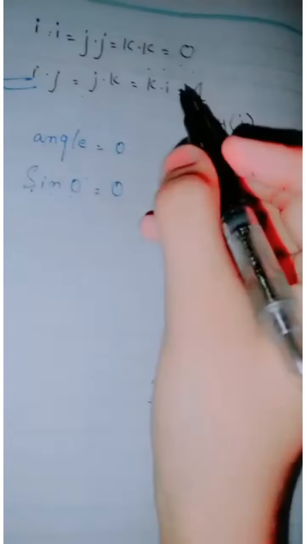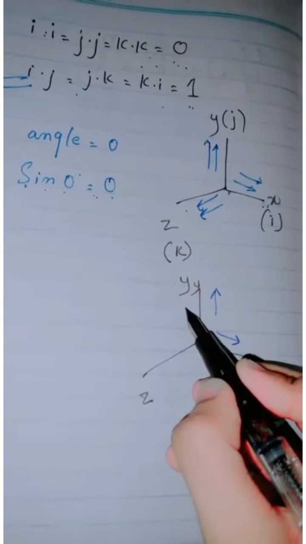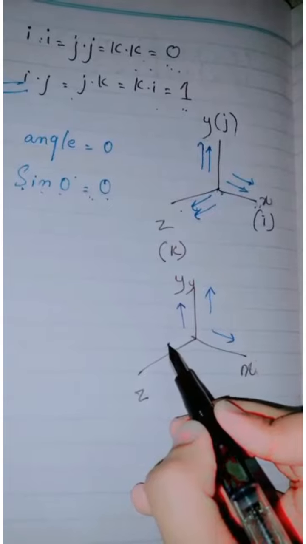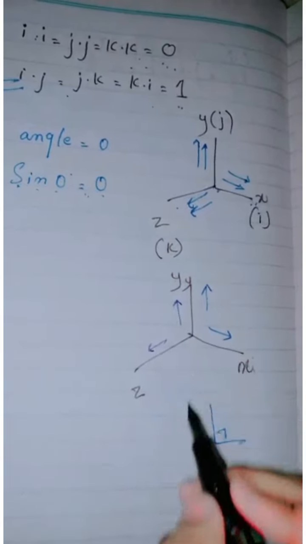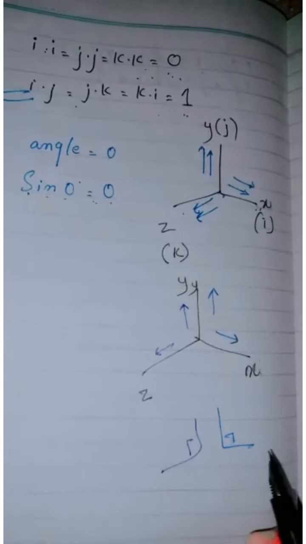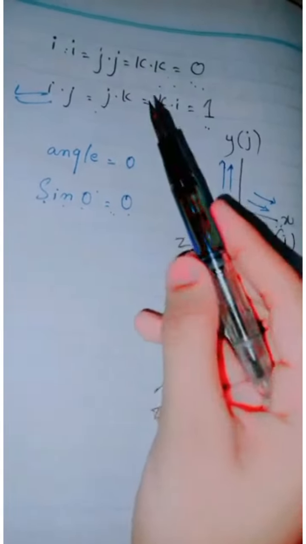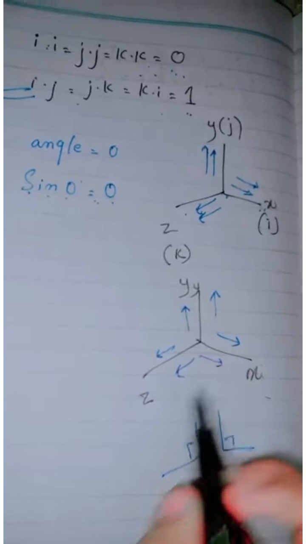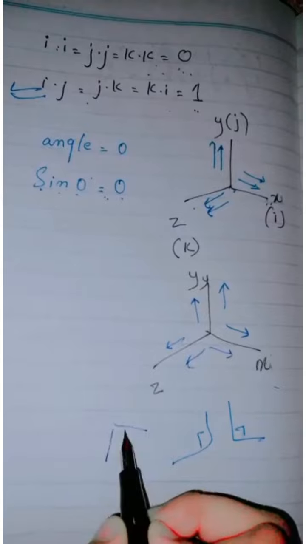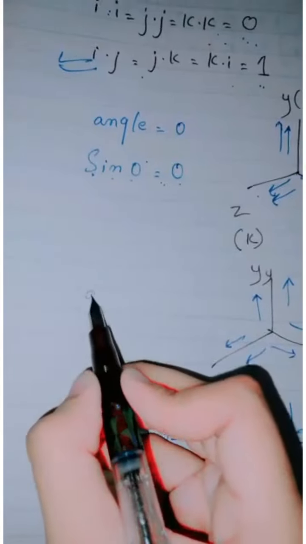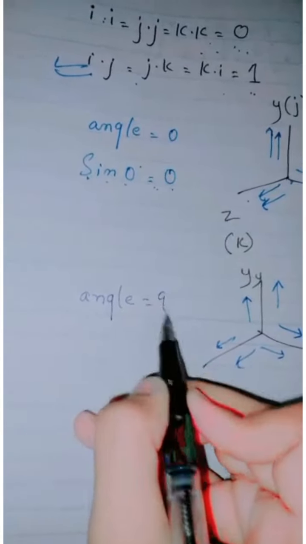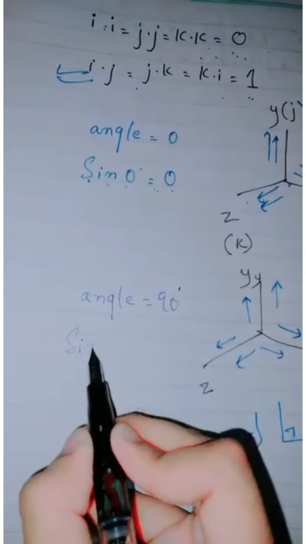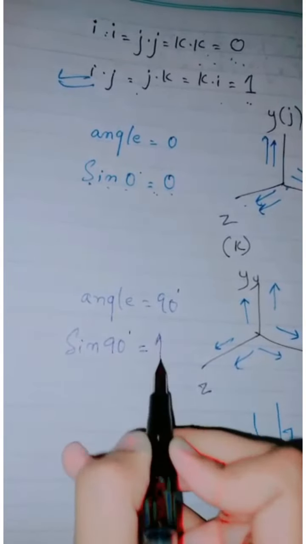And if j into k, if one vector is on y-axis, one vector is on z-axis, so that is again the angle, that is 90 degree. And then if the two vectors, one is k and one is i, one is on z-axis and one is on x-axis, so again that is equal to 90 degree. So here the angle will be 90 degree, and we know that sine 90 degree is equal to 1. So that is why these all vectors are equal to 1.